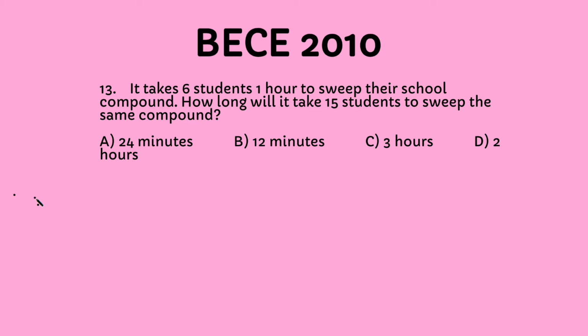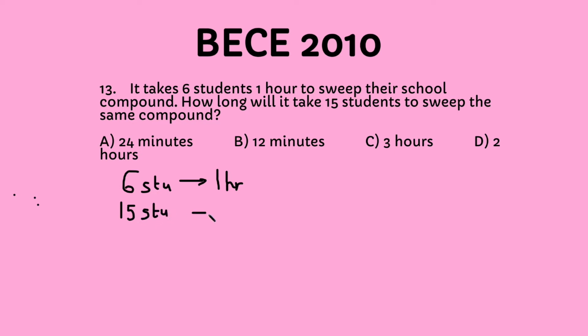Now, with this example, we have 6 students using 1 hour to sweep their school compound. If you think about this logically, how long will it take 15 students to sweep the same compound? 15 students are going to take less time. What I am going to do is find out how long it takes one student to sweep the compound, and I'm going to use that to find how long it would take 15 students.